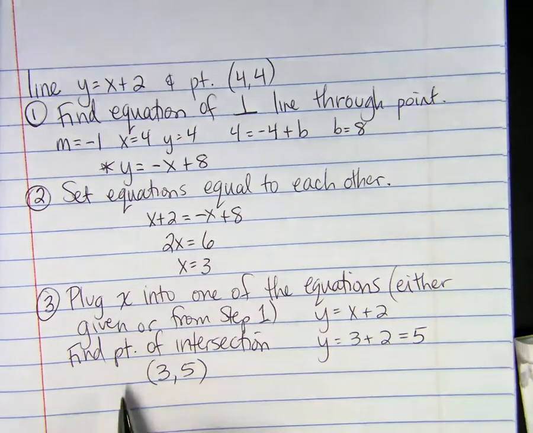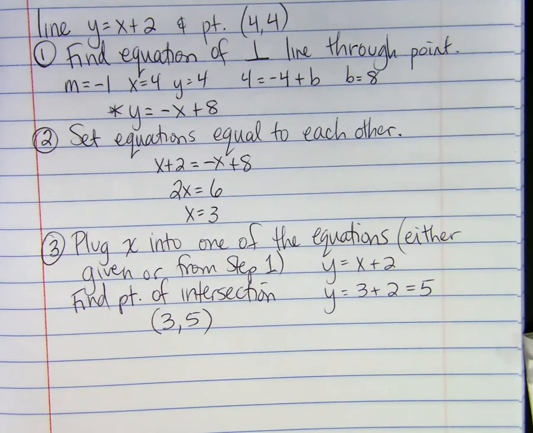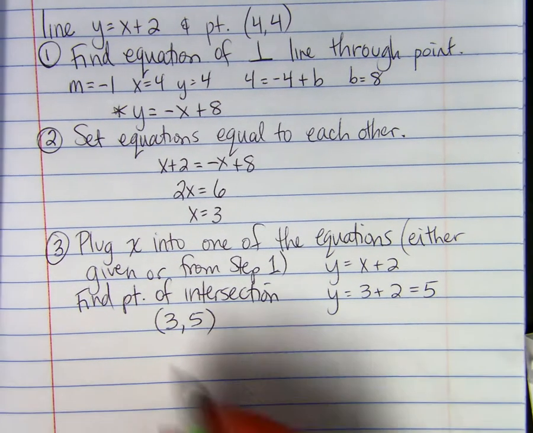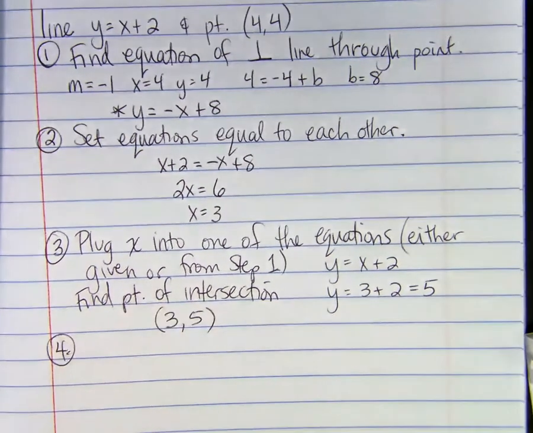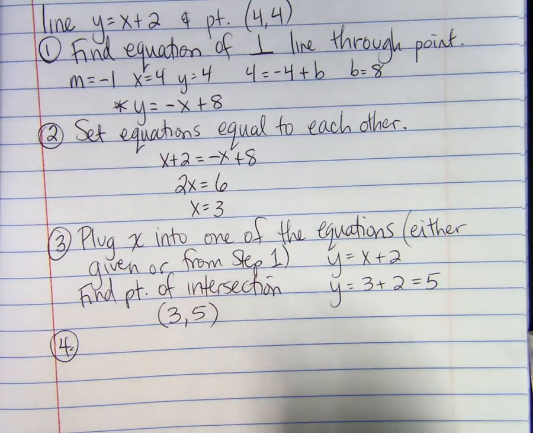I don't know if I should make that a step or just in the same step as step 3, I think. We'll just do that. Okay, then find the distance between your given point and the point from step 3.